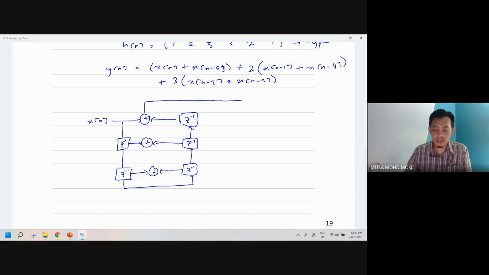So the first one is multiplied by 1, the second one is multiplied by 2, and the third one is multiplied by 3. Okay, 1, 2, 3. And we sum everything.